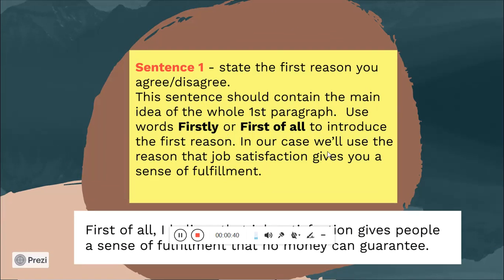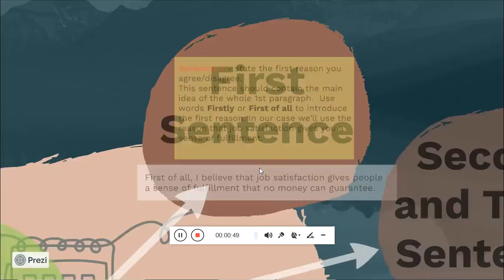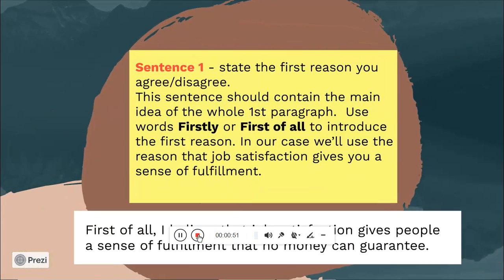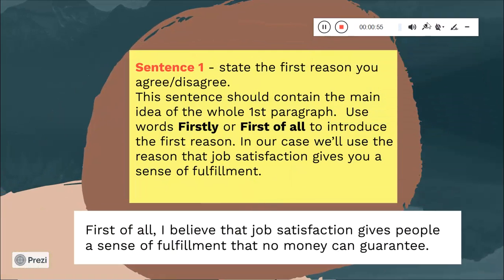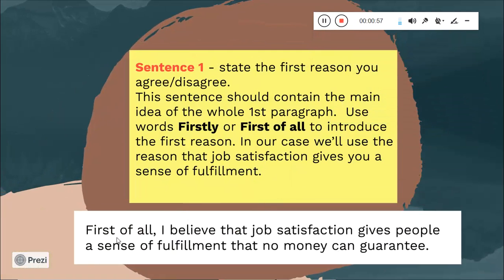In our case, we'll use the reason that job satisfaction gives you a sense of fulfillment. So here in this paragraph, first of all, I believe that job satisfaction gives people a sense of fulfillment that no money can guarantee.